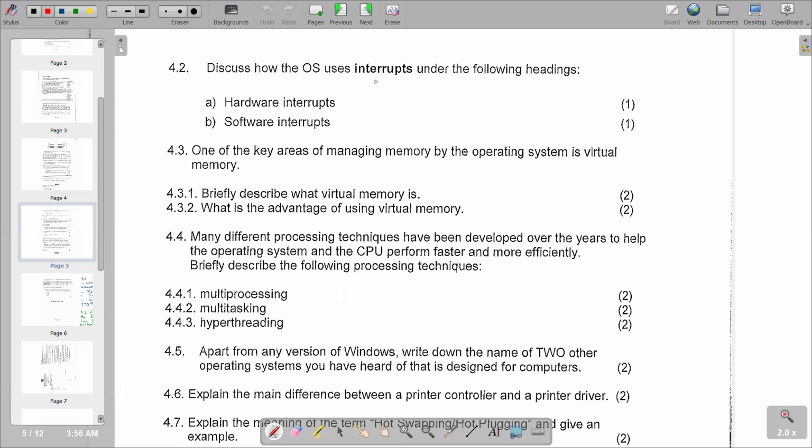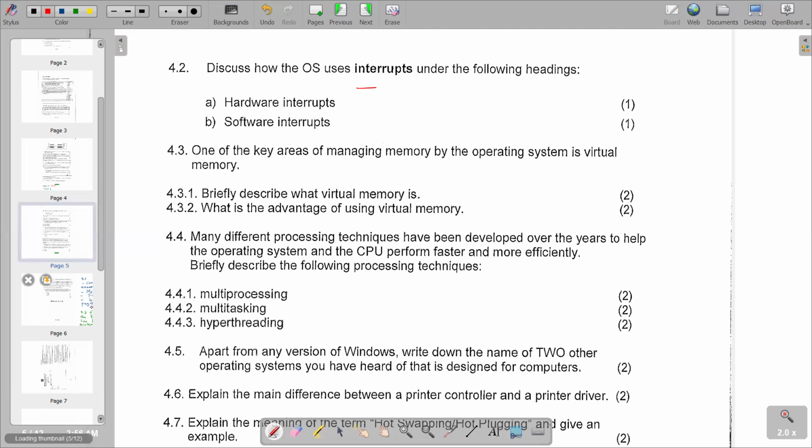By an interrupt, what we mean is that it is a signal emitted by hardware or software when a process or an event needs immediate attention. That's the expression we have in terms of an interrupt. But this question in particular needs us just to discuss how the operating system uses interrupts under the following headings. We've got the first one, A, which is hardware interrupt, so we can start by looking at hardware interrupts, then we can look at software interrupts.